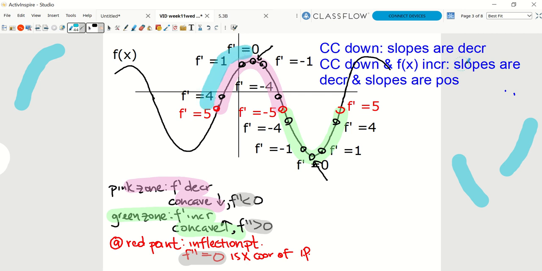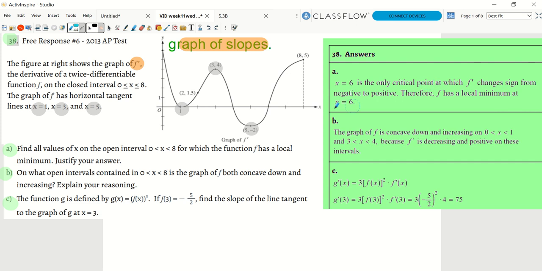So concave down and f of x increasing creates two conditions for the slopes. Slopes are decreasing, which is consistent here, and slopes are positive, 5, 4, 1. In this hypothetical case, slopes are 5, 4, 1. Let's remember that: slopes are decreasing and positive, and we look at the graph of slopes.